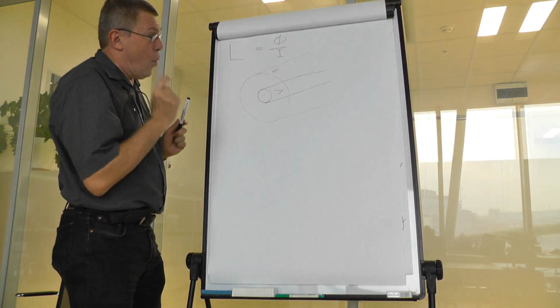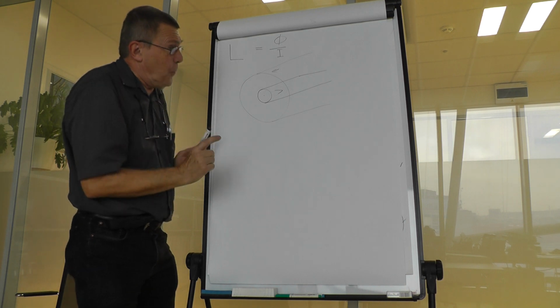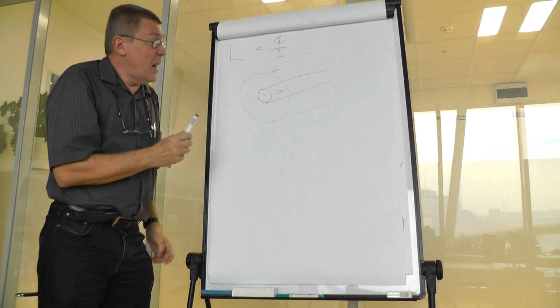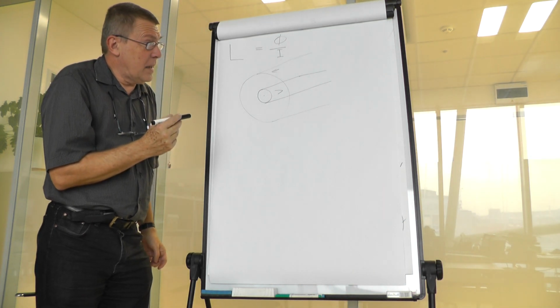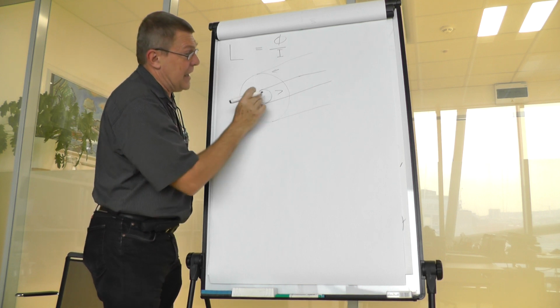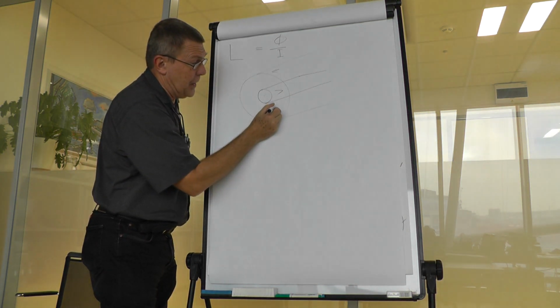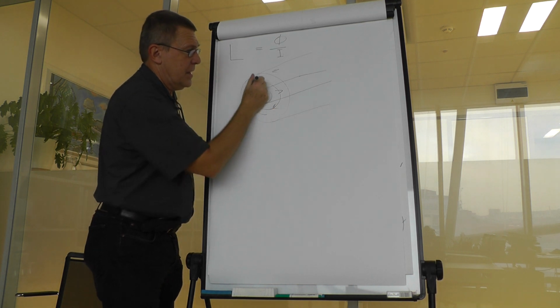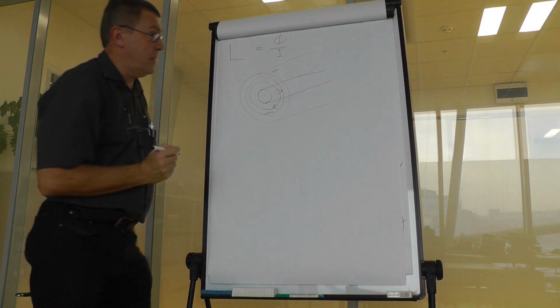So where does the magnetic field inside the coaxial cable come from? Well, we have the conductor inside, which creates a magnetic field, a set of concentric cylinders or lines.